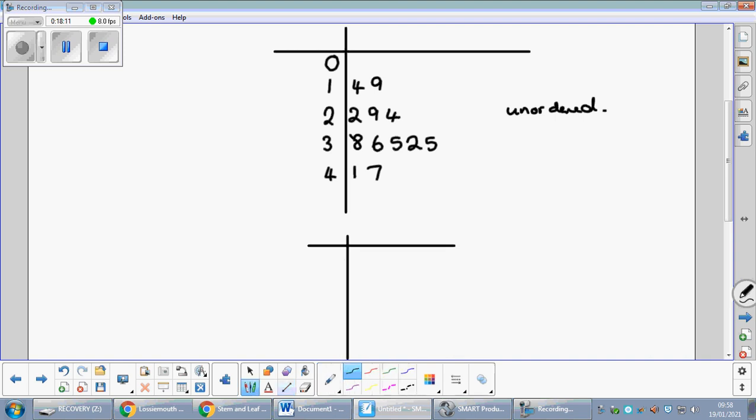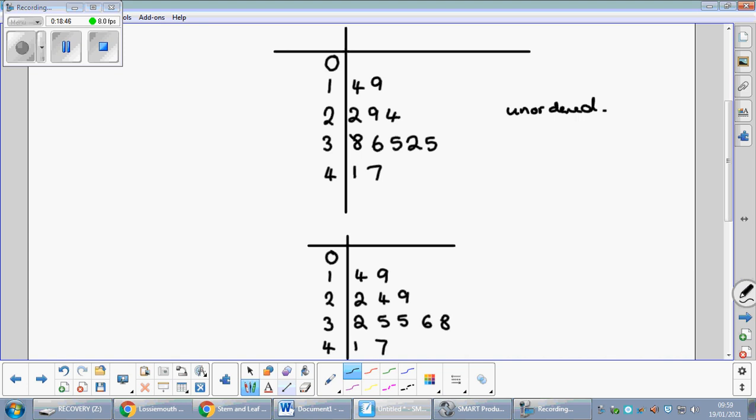So we've got 0, 1, 2, 3, 4. In the zeros we've got nothing. Then we've got a 4 and a 9 here. Now we've got 2, 9, 4, so let's put it in order: 2, 4, 9. We've got 2, 5, 5, 6, 8, and we've got a 1 and a 7.